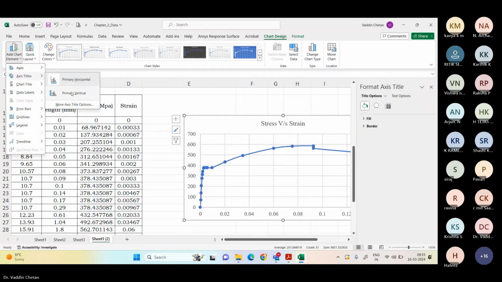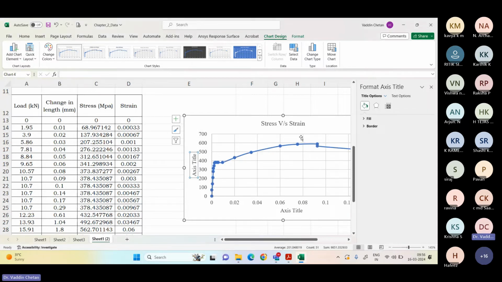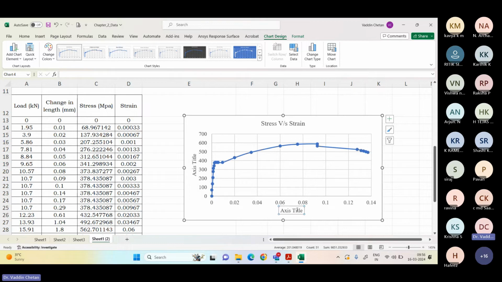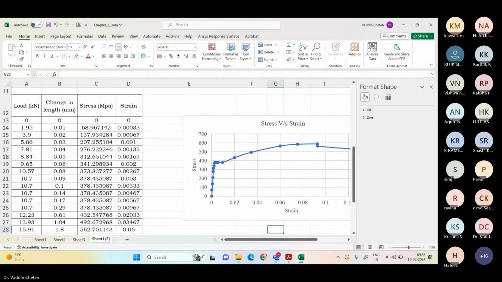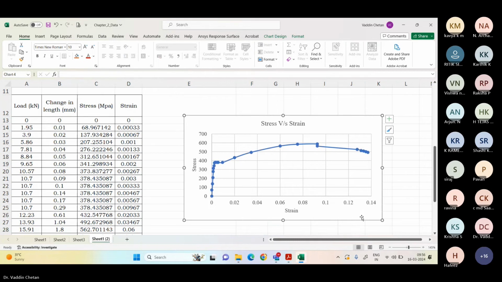As I already told you, I am using a newer version of Excel, so there might be some changes, but it's the same. This will be my strain. This will be my stress.